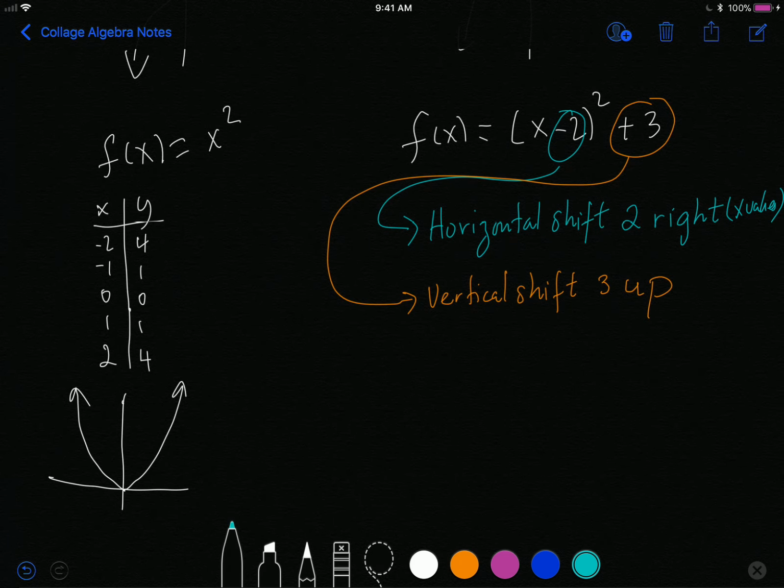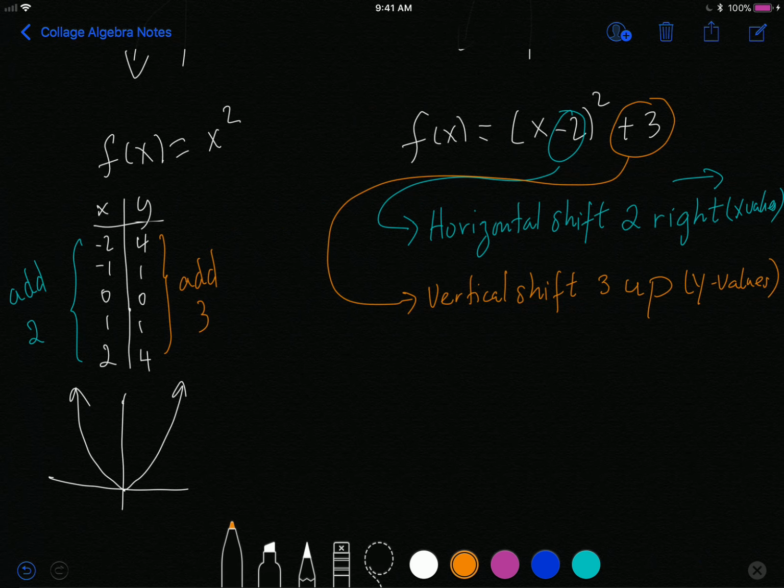Since I'm going to the right 2, all of these x values I will need to add 2 to. The vertical shift is going up 3, which means I'm changing the y values, so all of these y values I will have to add 3 to each of them.